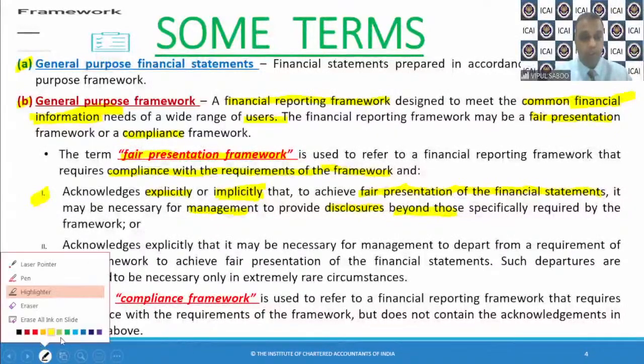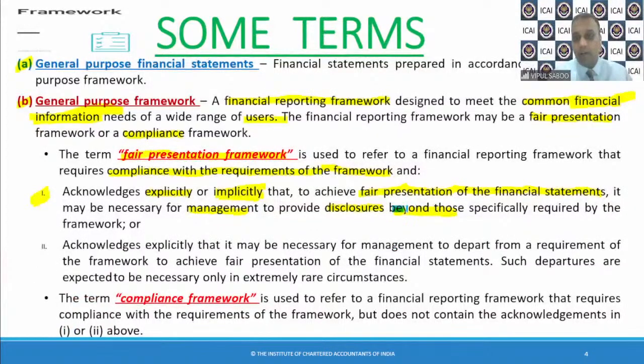So a fair presentation framework acknowledges that to achieve fair presentation, the management might have to disclose certain facts and figures which might not be required by the framework itself. But if required, the management has to do so, either explicitly or implicitly.